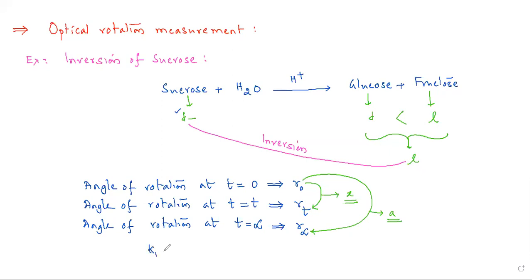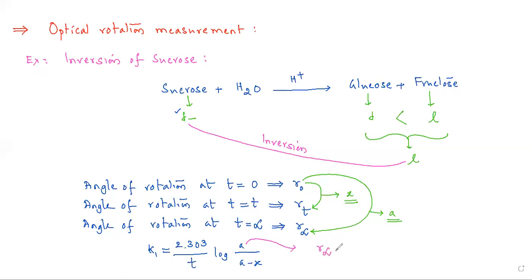Now come on. K1 is equal to 2.303 by t into log a by a minus x. Now what is a here?